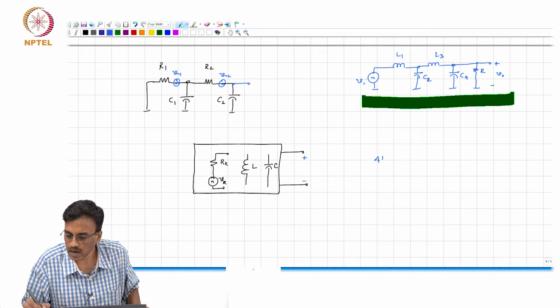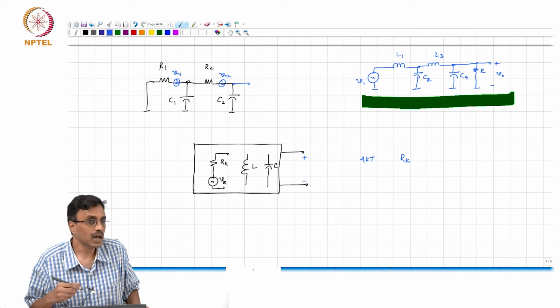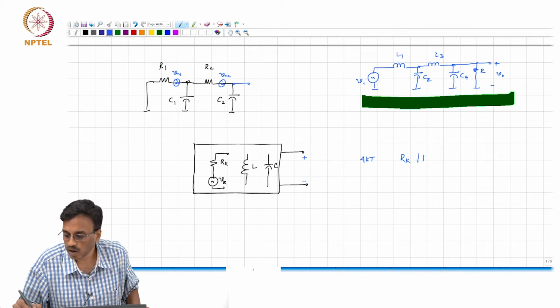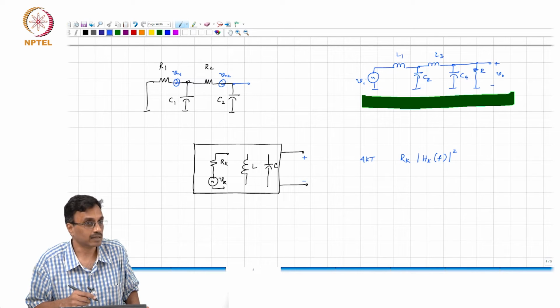It is 4 kT R sub k mod h sub k of f the whole square, the output noise spectral density corresponding to the kth resistor.